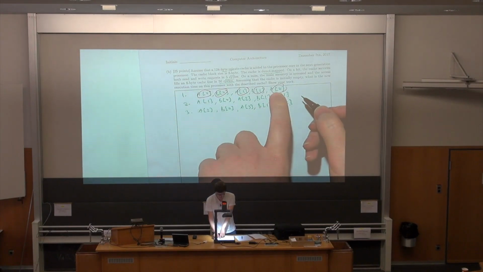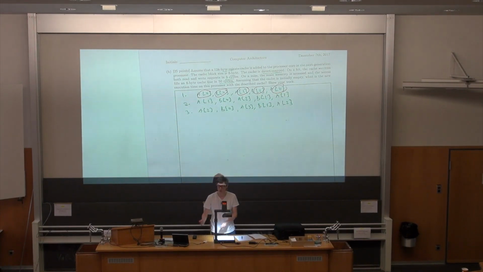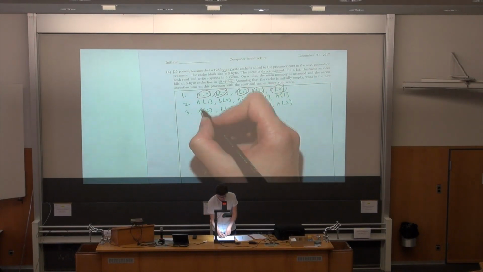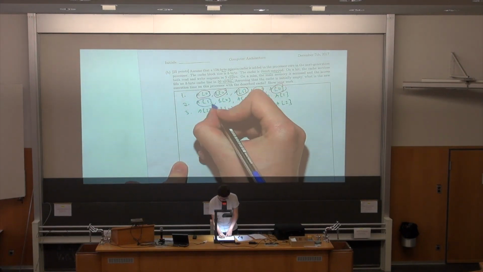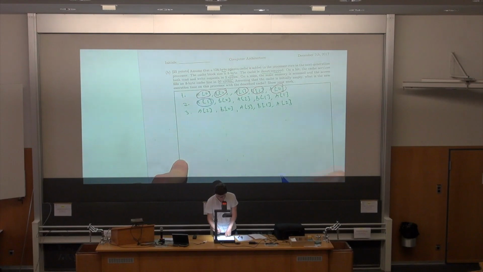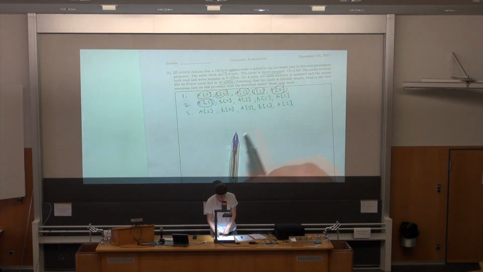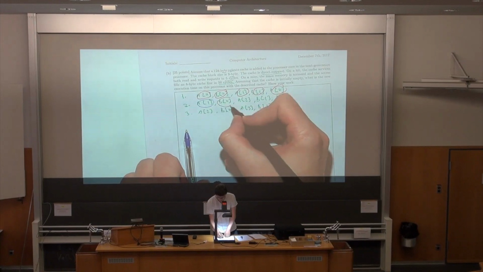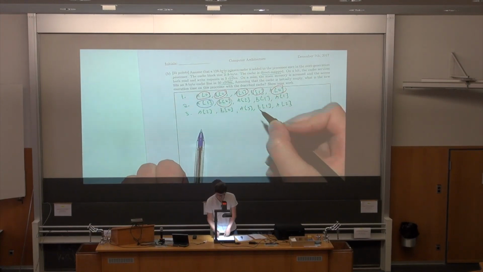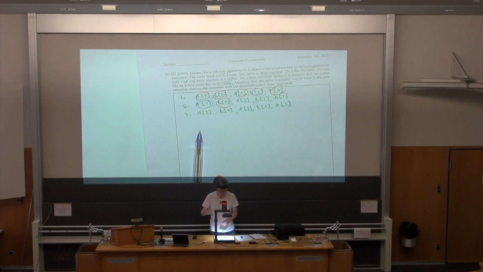Since in this iteration we touched A0, it also brought A1 to the cache. So we get a hit for this one. I will use blue for hits. We get a hit here. We get a miss for B0 because we have a conflict with A1. A2 maps to a different set in the cache.